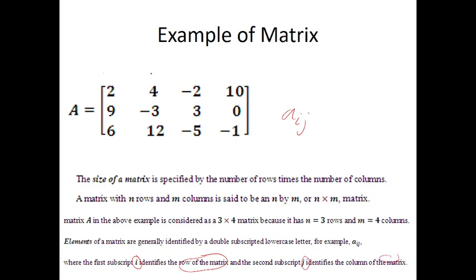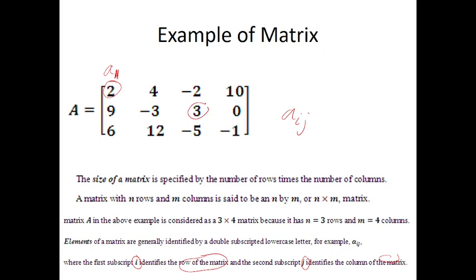So in our example, if we have 2, it's located in the first row and the first column. The row comes first, then j. So it's located at the first row, followed by the first column.